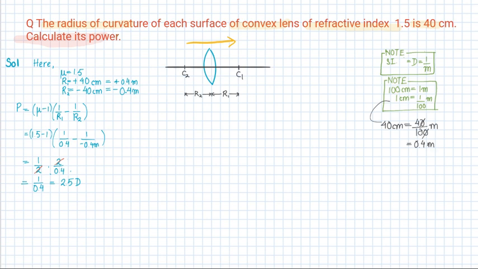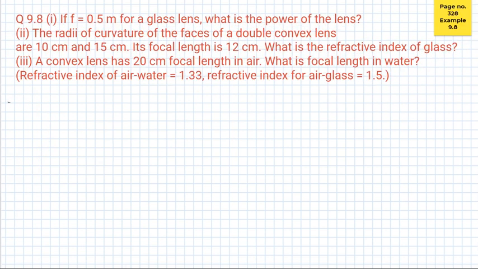Now let's move on to our next question. Our next question has three parts. Let's read the question first. If the focal length is 0.5 meter for a glass lens, what is the power of lens? This is the first part. Now the second part: the radii of curvature of the faces of a double convex lens are 10 centimeter and 15 centimeter.